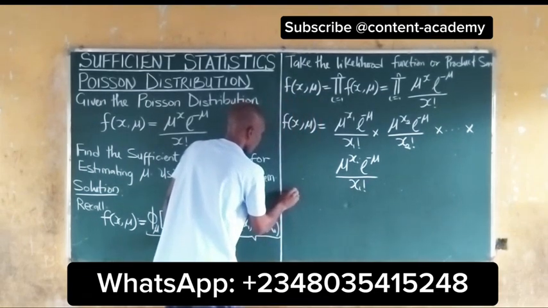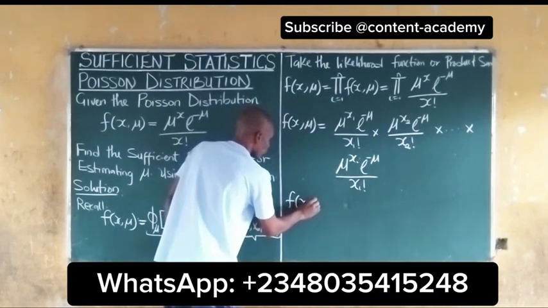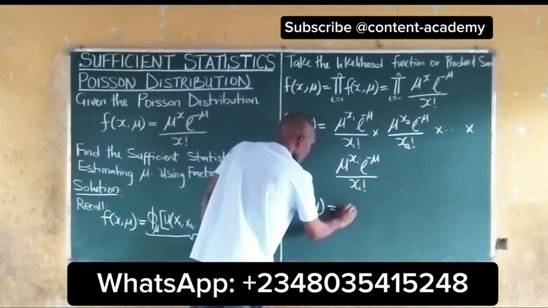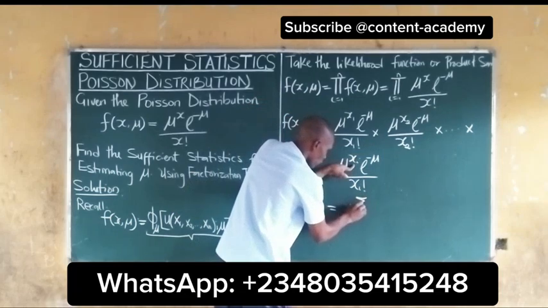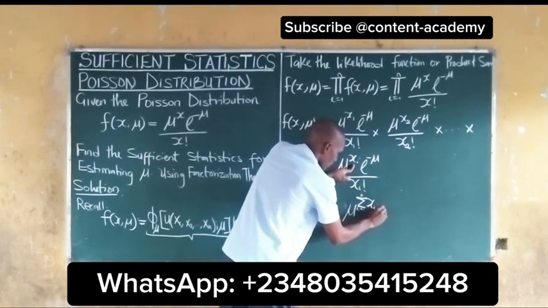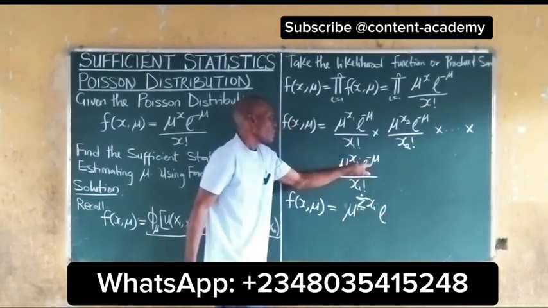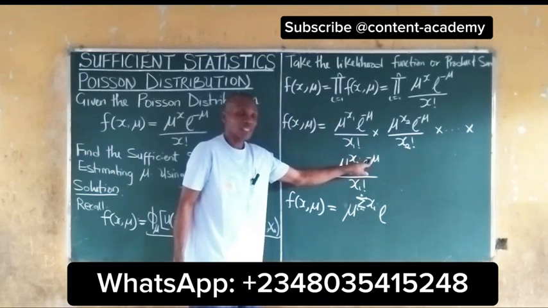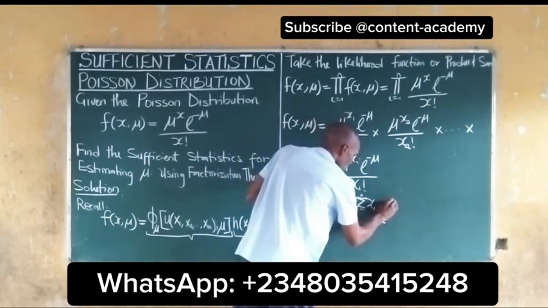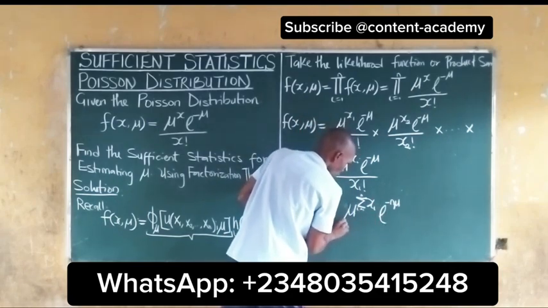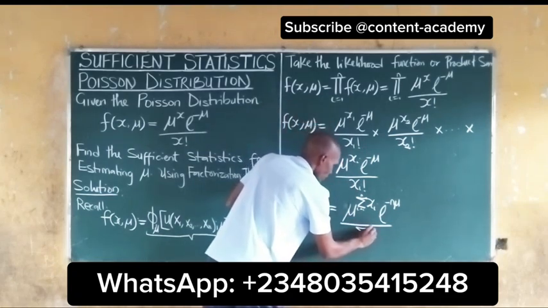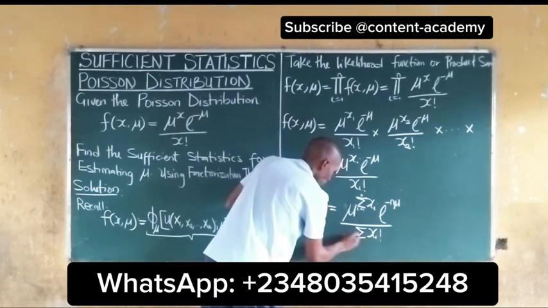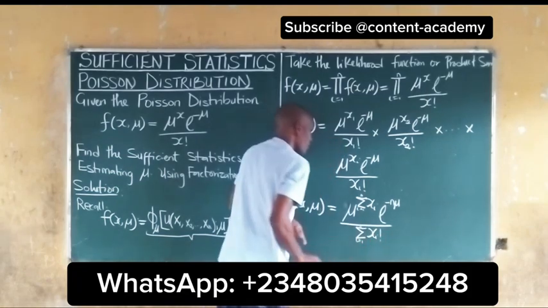So the likelihood function can be written as mu to the summation of xi as i running from 1 to n, exponential negative n mu, all over the product of xi factorial as i running from 1 to n.